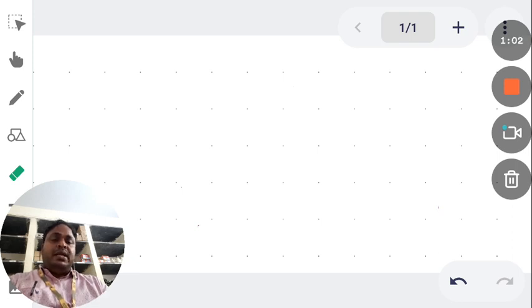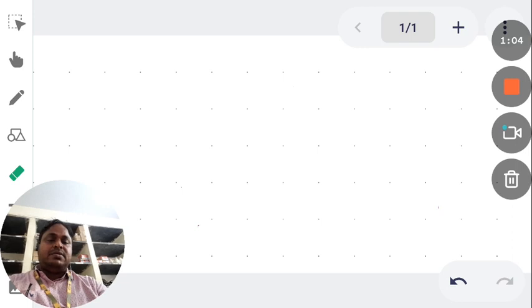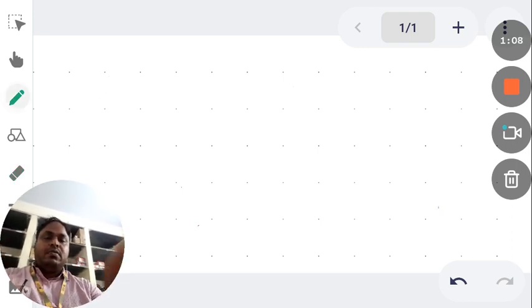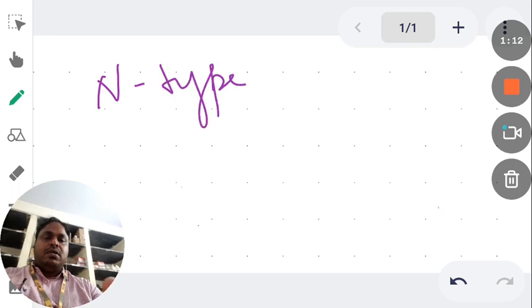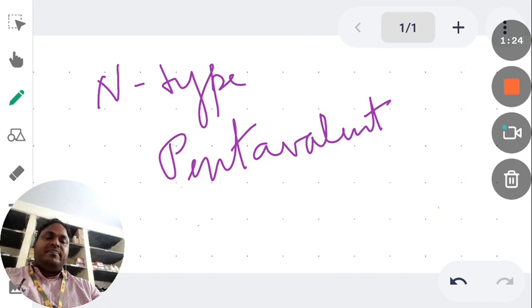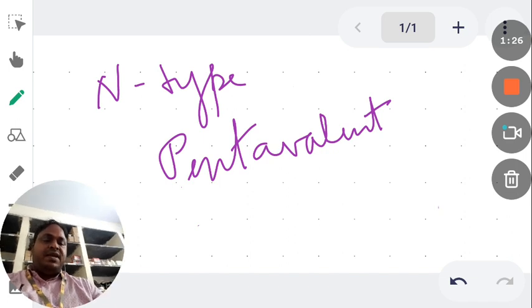Now, N-type semiconductors are formed by adding pentavalent impurities. Penta stands for 5.